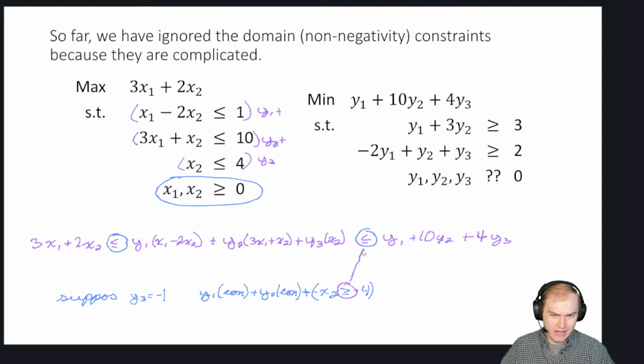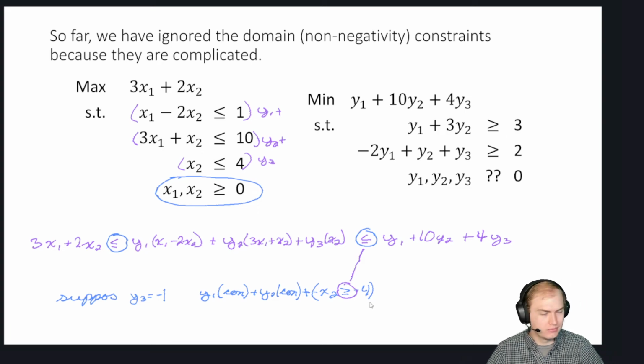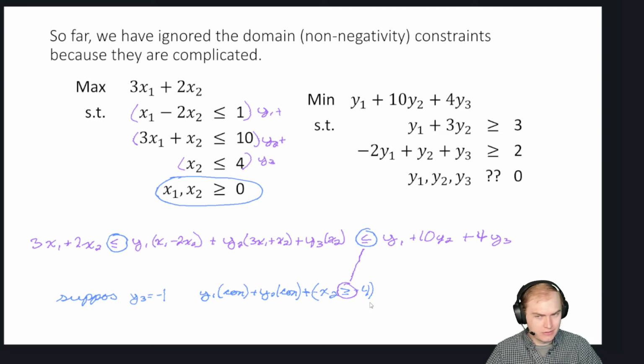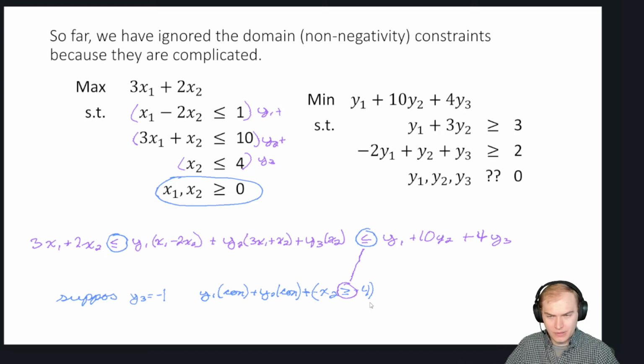We can't actually add these constraints anymore because they're not compatible in a sense. We can't take that linear combination anymore if it's not well defined.